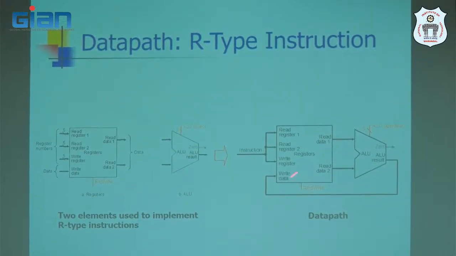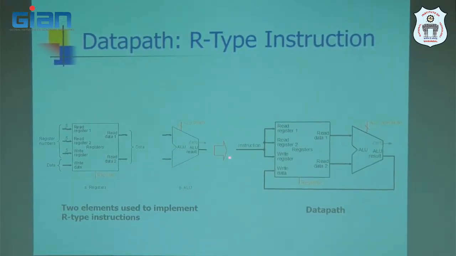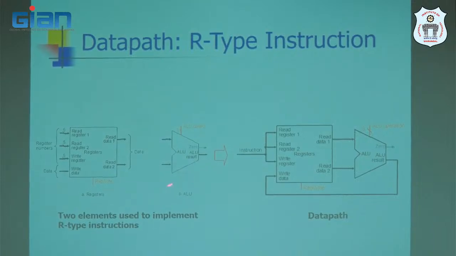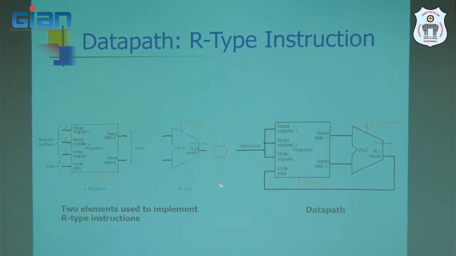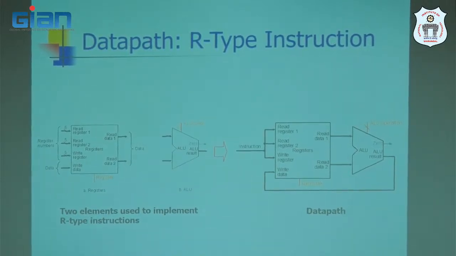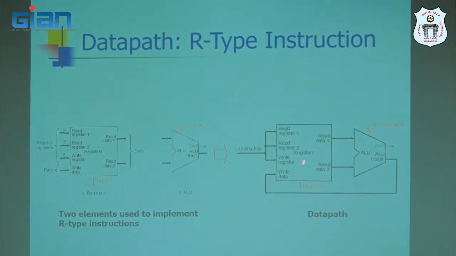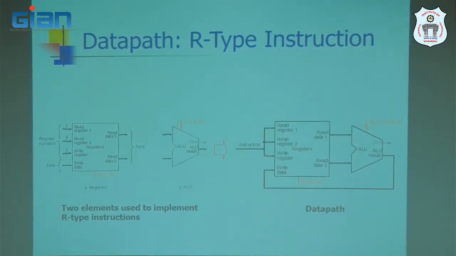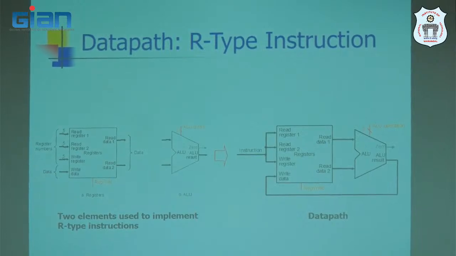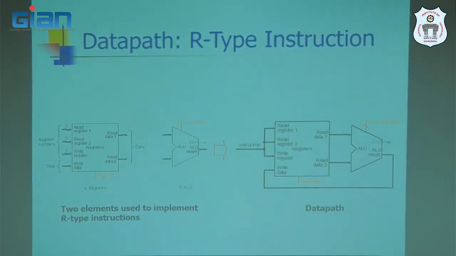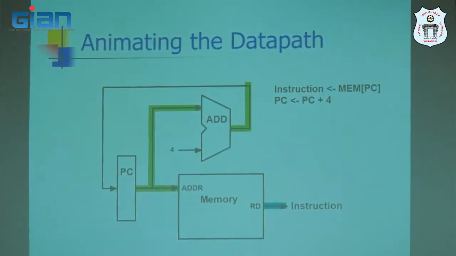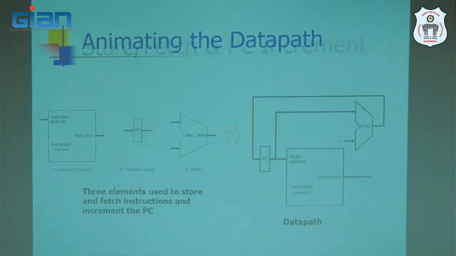But out of that, how many registers are there in total? Total number of registers in the register file, how many are there? 32. Not following at all. How many registers did we create initially? Register file creation.